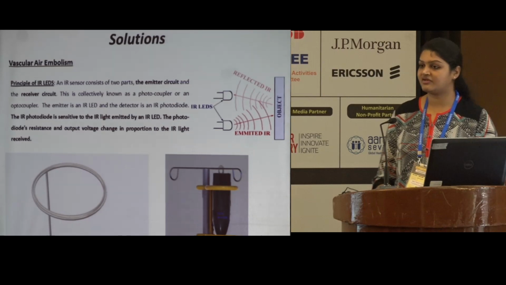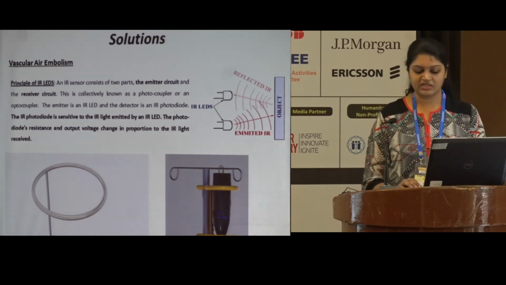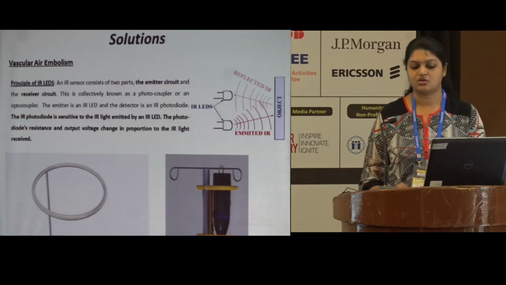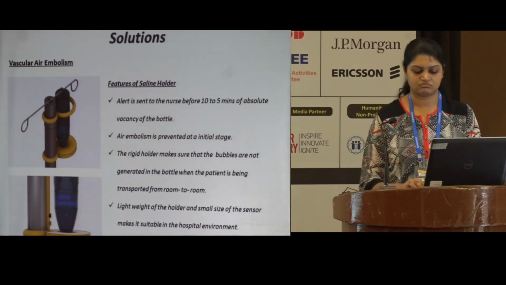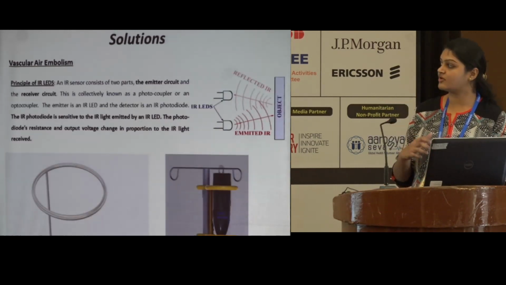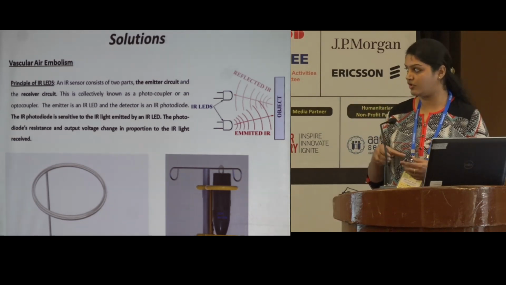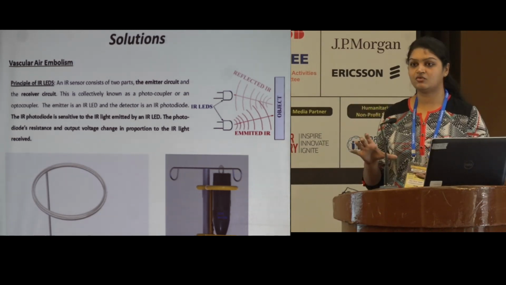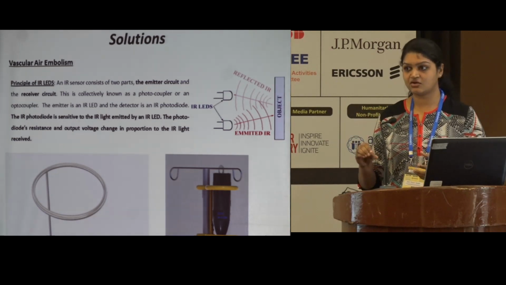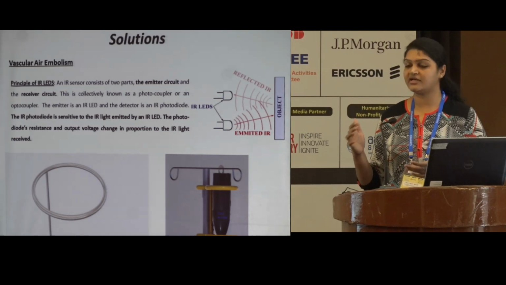For the solution of vascular air embolism, we came up with a prototype of a saline holder where you can hold the saline bottle. In this saline holder, there is an IR sensor which will notify the nurse when the saline level is about to get empty.